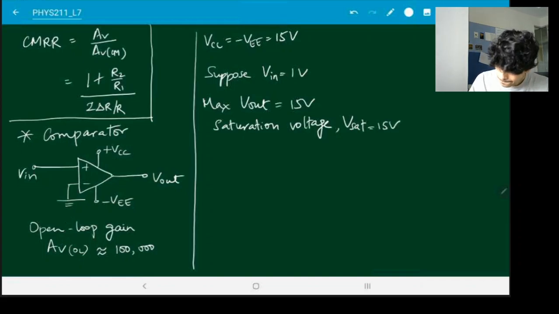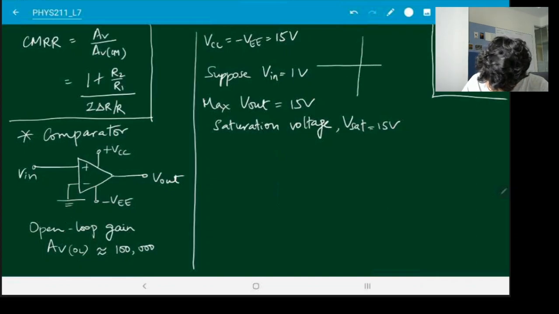So what will your output look like in this case? Why don't I draw it here? On the x-axis, I am plotting input voltage. On the y-axis, I am plotting output voltage.